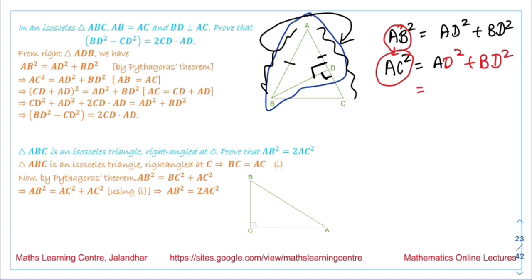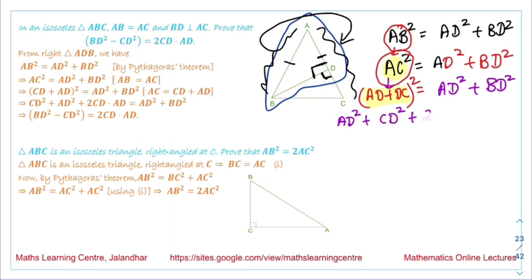Now when we look at this AC, it is AD plus DC. We are talking about this term AC, the value is AD plus DC, and this is equal to AD square plus BD square. Now if we open this whole square, we will get AD square plus CD square plus 2 times CD into AD, that is equal to AD square plus BD square.